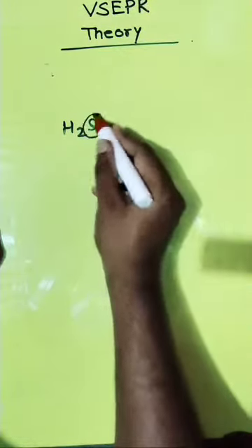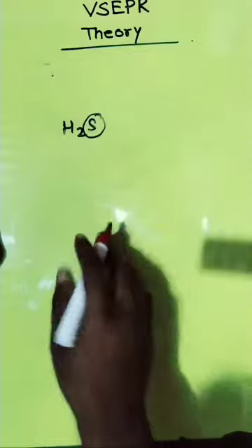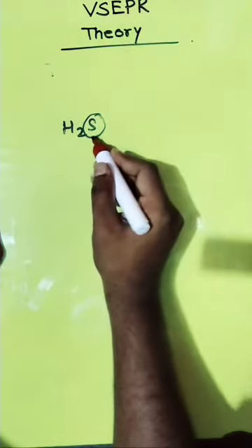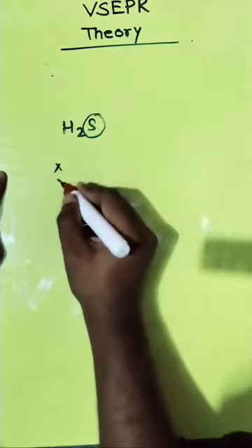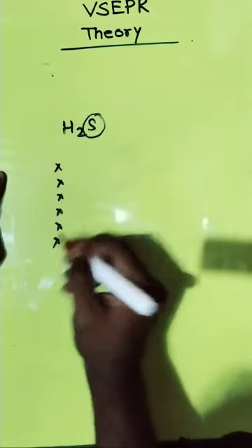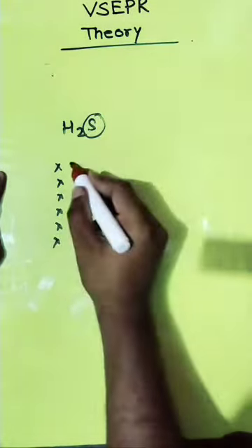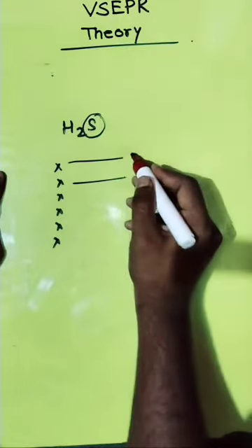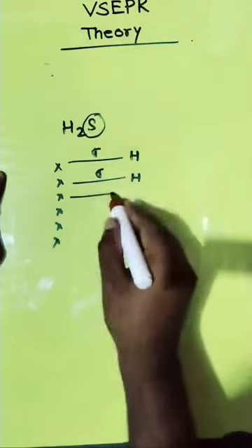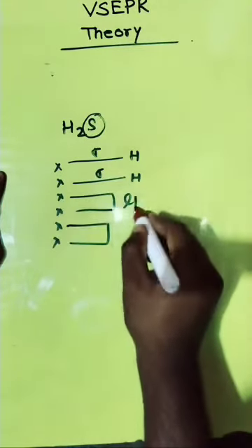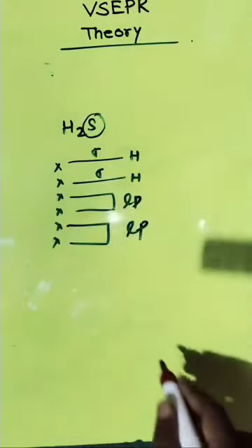here the central atom is sulfur, similar to water, because sulfur and oxygen are in the same group. So here also there are 6 valence electrons for the sulfur atom, and 2 valence electrons of sulfur participate in sigma bonding with hydrogen atoms, and the remaining electrons produce 2 lone pairs.